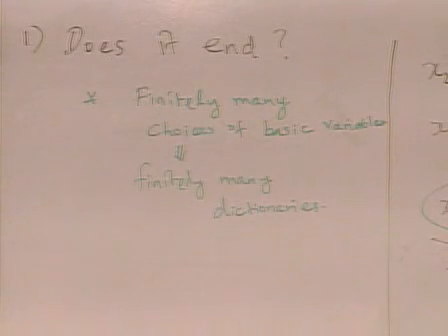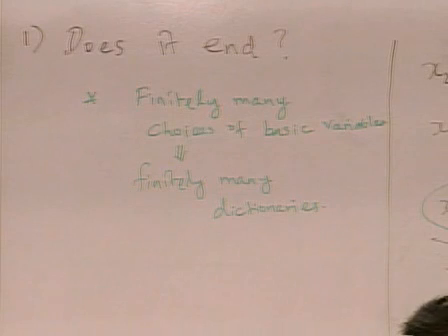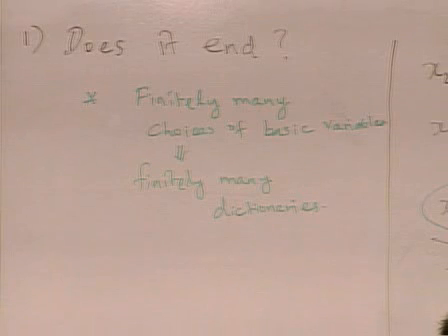Yes? When we move from one dictionary to another, we find the value of one variable, so the number of undefined variables is strictly decreasing each time we change the dictionary, so in the end we will find the value in a finite number of steps.